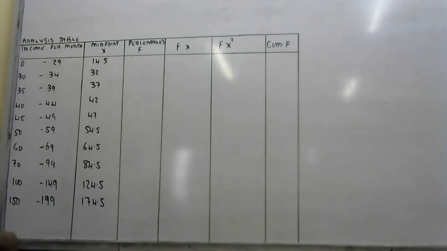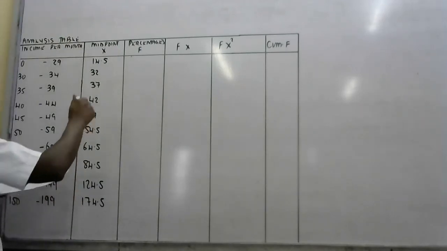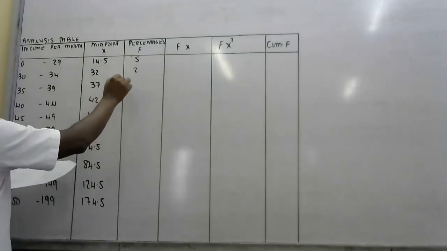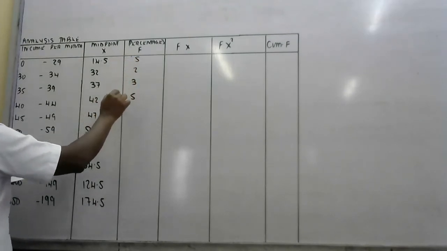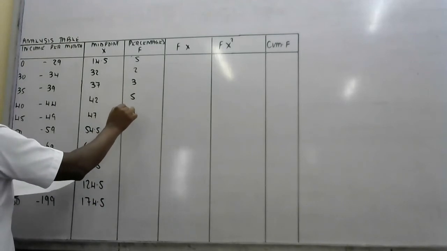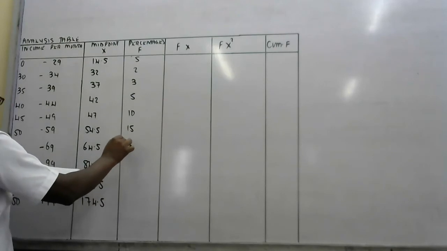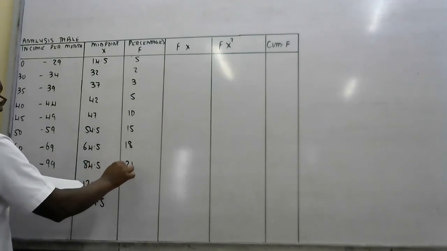Haya, sasa tuweke the percentages. We have 5, we have 2, we have 3, 5, 10, 15, 18, 21.